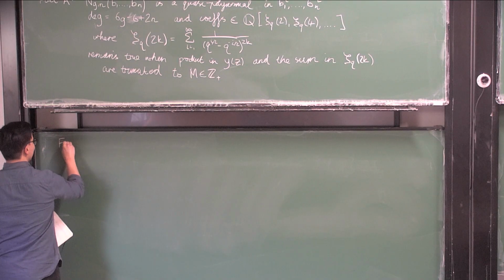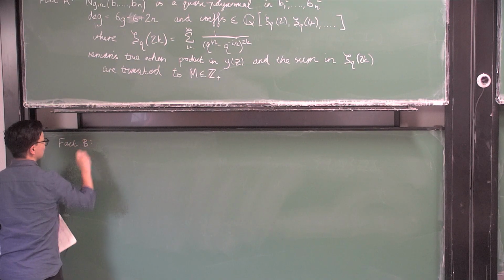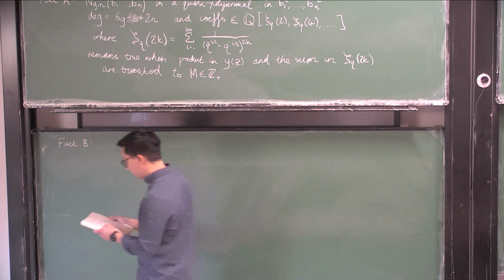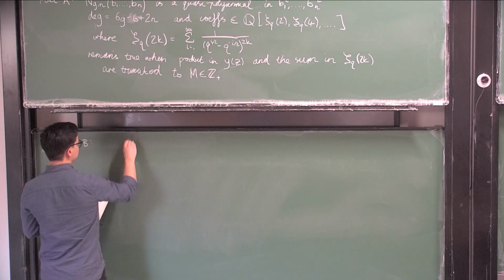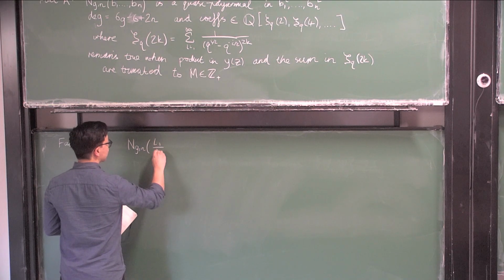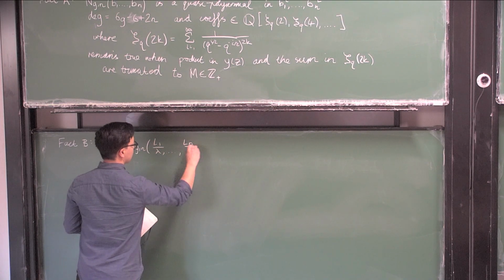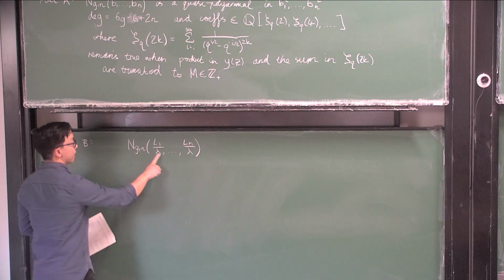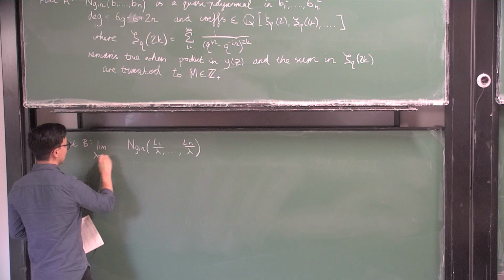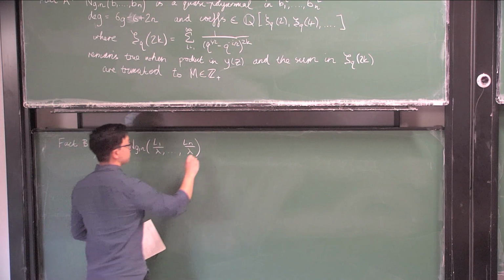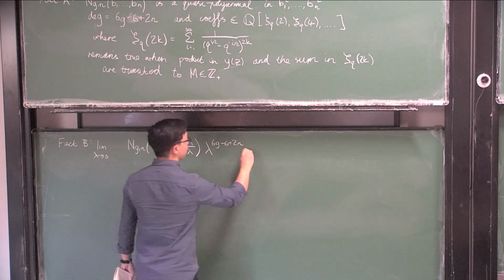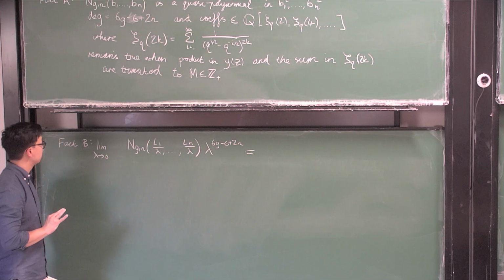What he observed is that if you take this quantity, and scale up the entries in a particular way, so we look at a limit as lambda goes to 0, and to accommodate this I multiply by lambda to the 6g minus 6 plus 2n, then I see the Weil-Petersson volume.